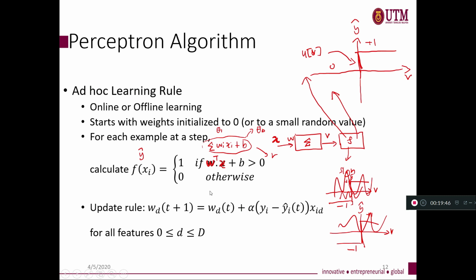They just updated the W until they found the best fit function for your data. But if your data is non-linear, it cannot be separated linearly, then this iteration will go on forever. That is the disadvantage of the linear perceptron.